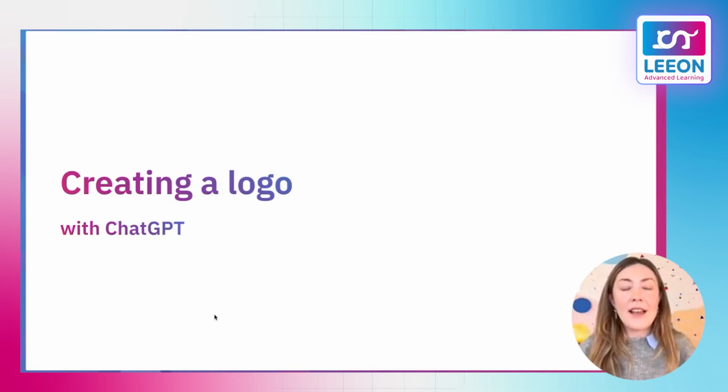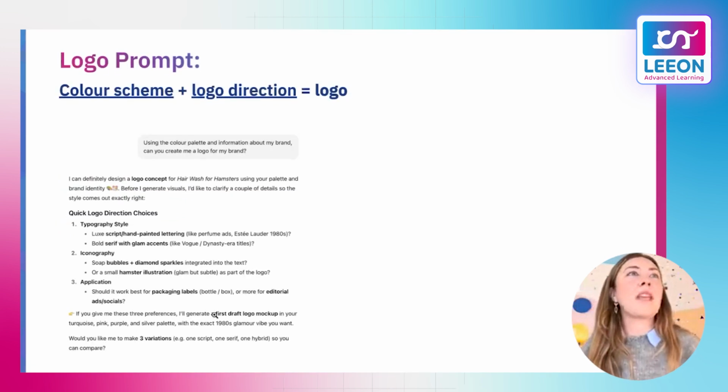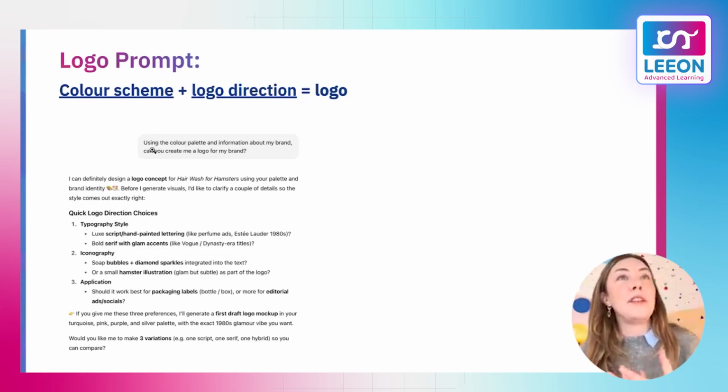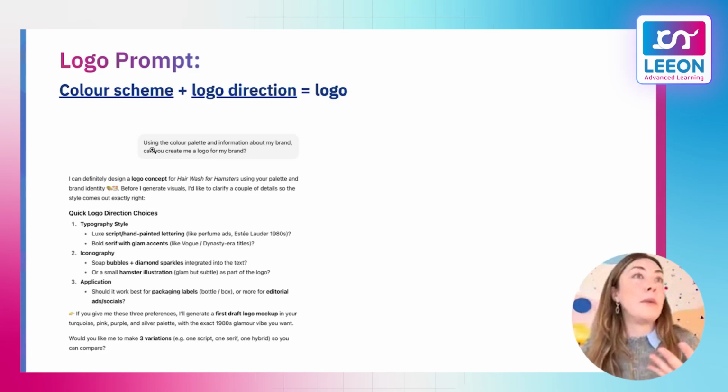ChatGPT, this chat, knows exactly the direction, the vibe that we want, so we don't need to craft a really extensive prompt to get the outcome that we want. It kind of knows. So that is fantastic. So I said, using the color palette and information about my brand, can you create me a logo for my brand?